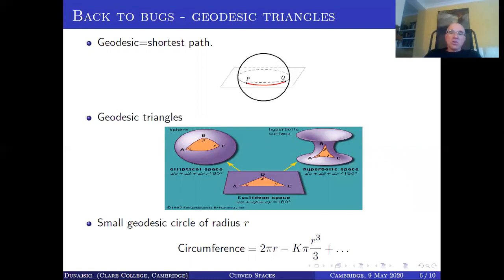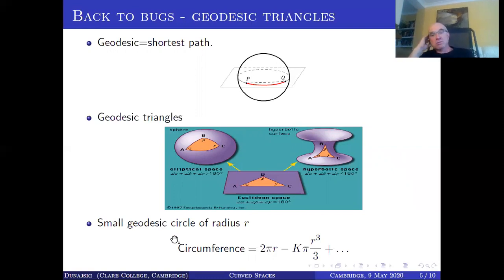Now, you know that if this was a circle on the Euclidean plane, then its circumference would be 2 pi times the radius. It turns out that this formula needs a modification in the presence of curvature. On positively curved surfaces, the circumference is smaller, and on negatively curved surfaces it is larger.